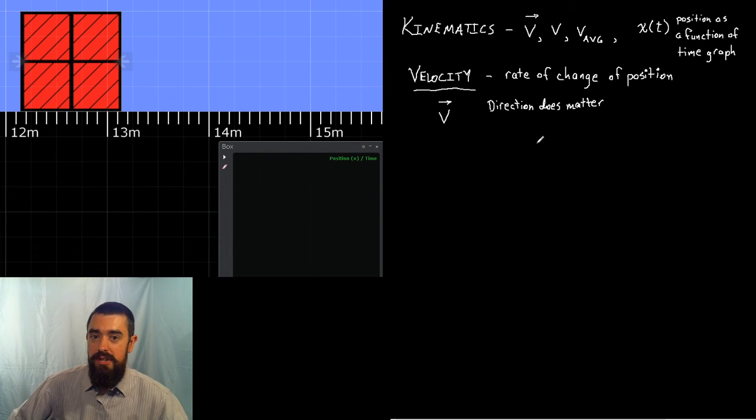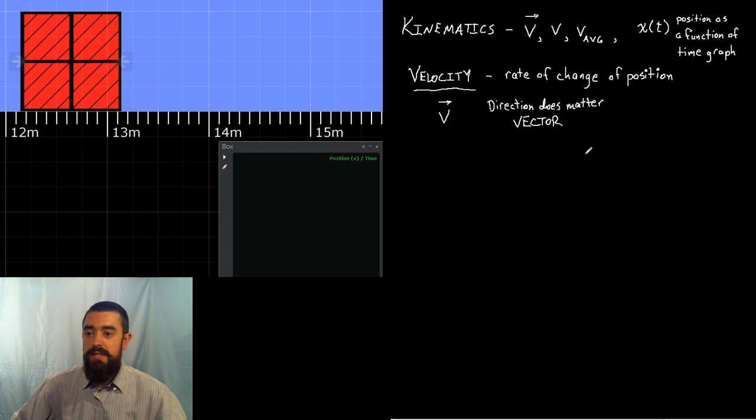Okay? Just like position, the quantity position has to communicate a direction, meaning which side of the origin are we on. For velocity, the direction means which way is it moving. So because the direction does matter, we call this a vector quantity.